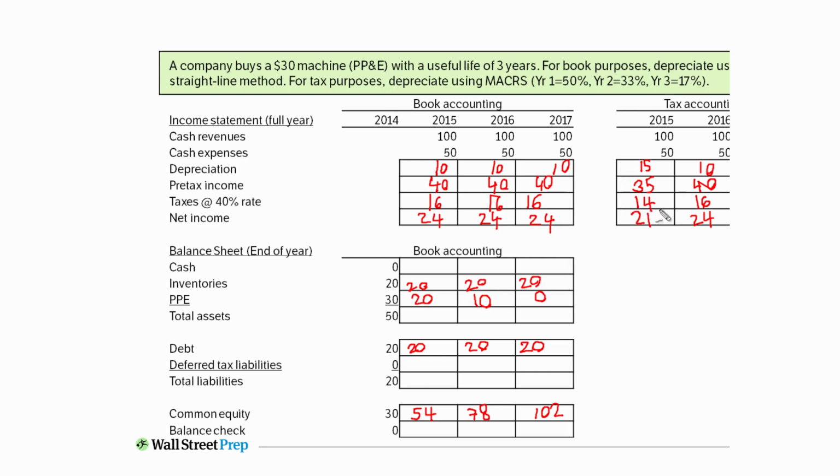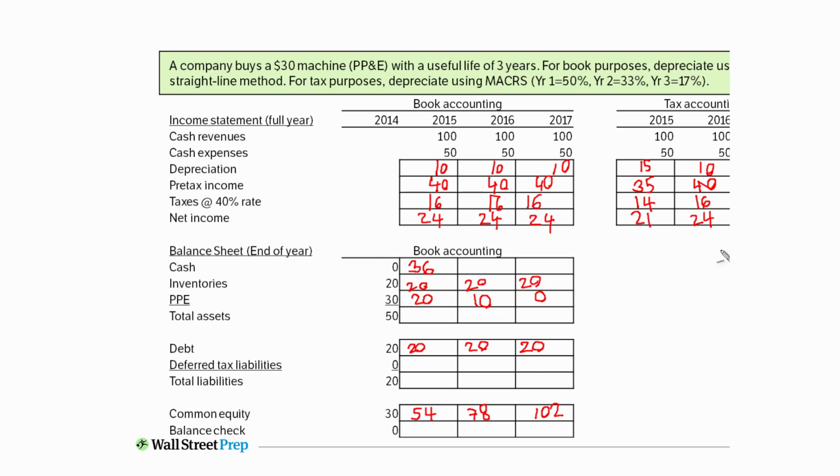Now, notice as investors, we don't really see these tax returns. All we see is this, right? But in reality, because for the purposes of this example, we're seeing the tax return, it's abundantly clear that the actual cash impact is 50 minus 14 in the first year, or 36. So there's an increase of cash of 36.